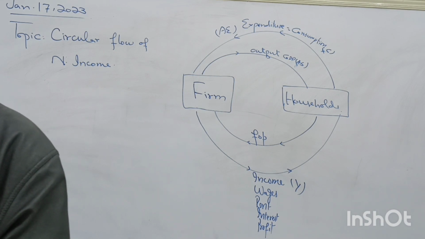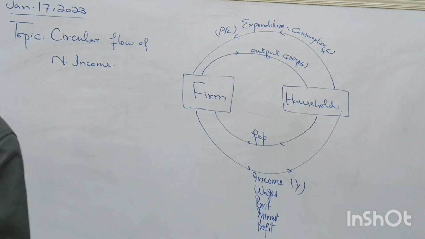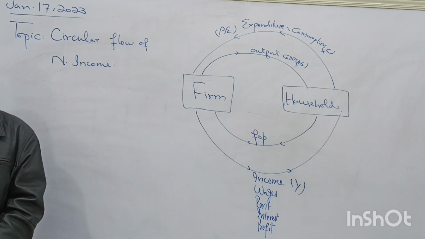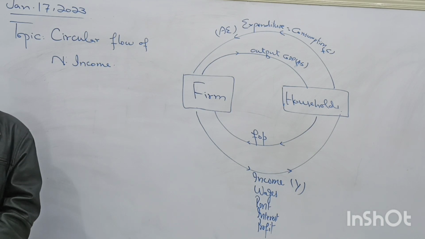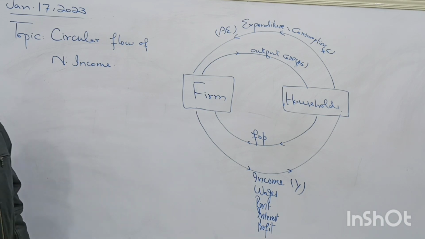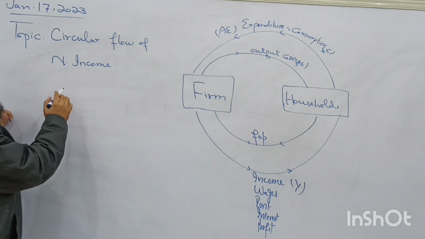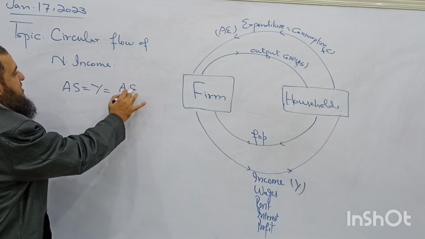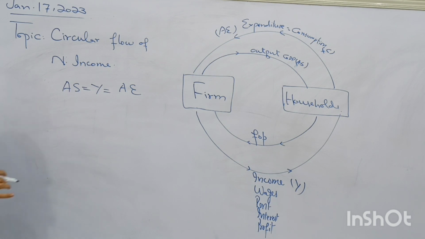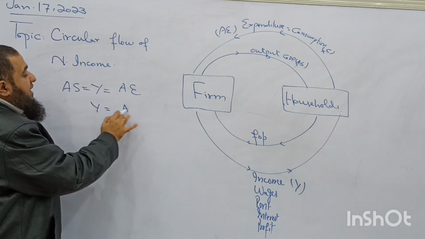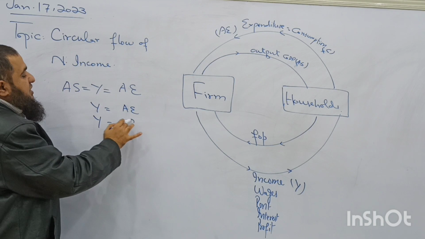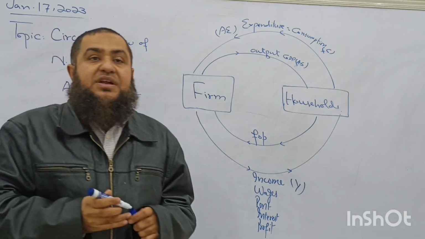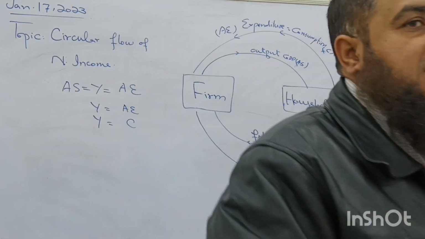And what is the value of output? The educational sector is producing education. So either we measure the value of education, or the expenditure of the firm and management, or the income of the people who are working here, we will have the same value. Now, in this economy where aggregate supply is equal to income and that is equal to aggregate expenditure, nothing is saved.